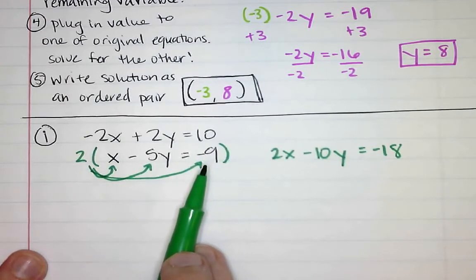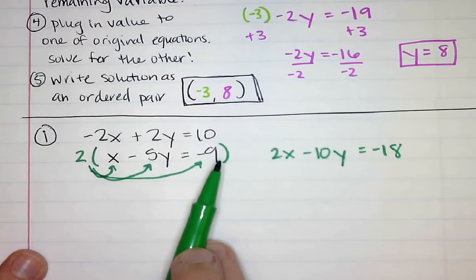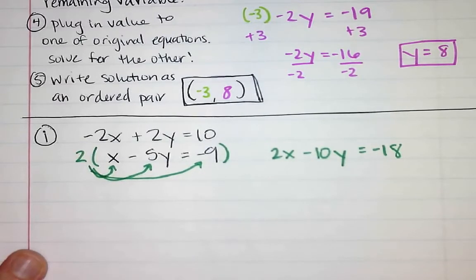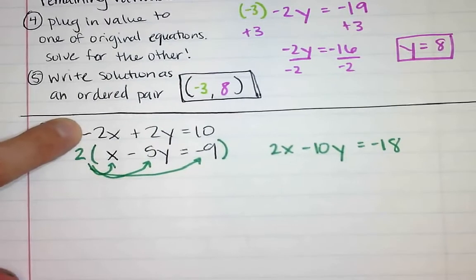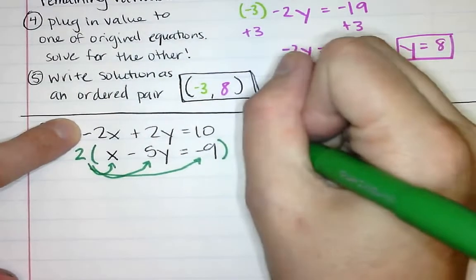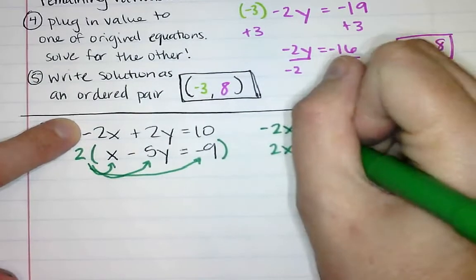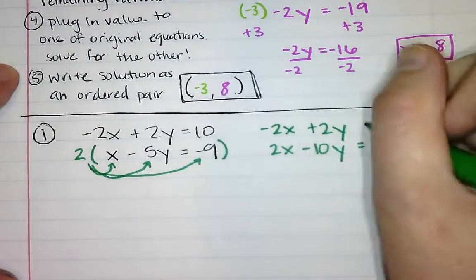So do not forget to multiply by everything. Do I need to change my top equation at all? Nope. So I'm going to just rewrite it over here. Negative 2x plus 2y equals 10.